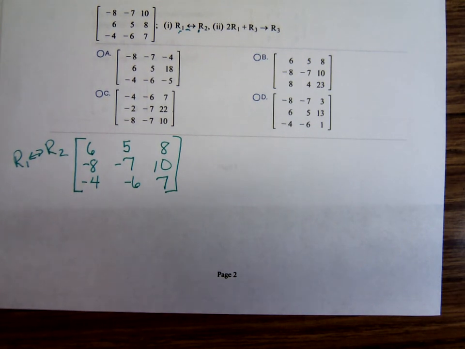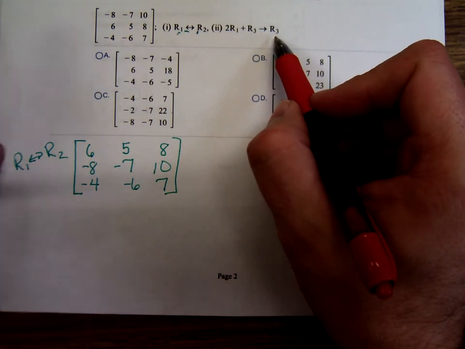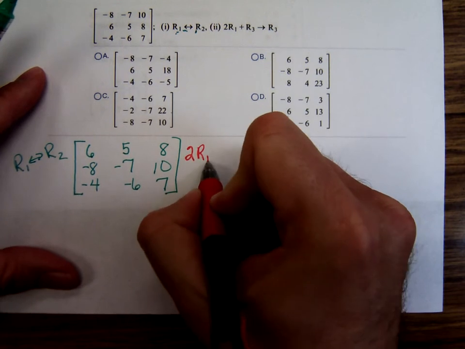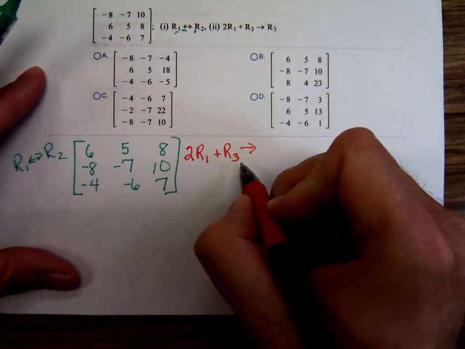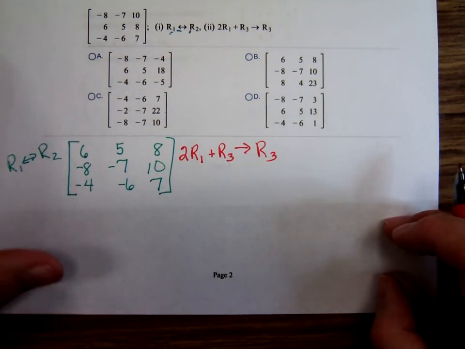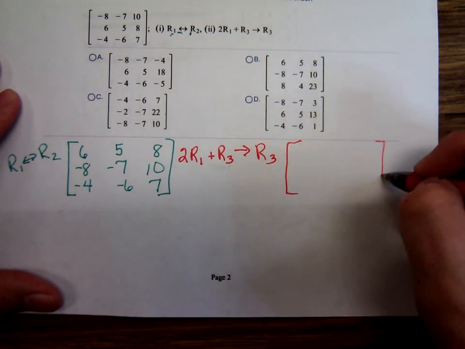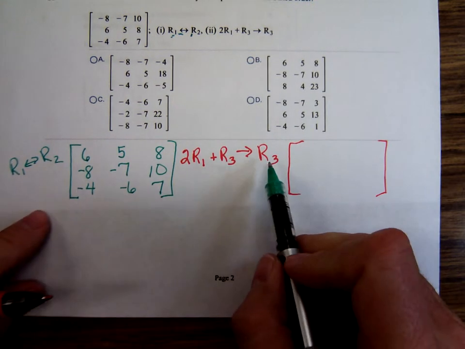And now I'm going to do the second thing it asks us to do, which is this operation. 2 times row 1 plus row 3. That arrow row 3 means yields a new row 3. So here the only one that's going to be changing is row 3.